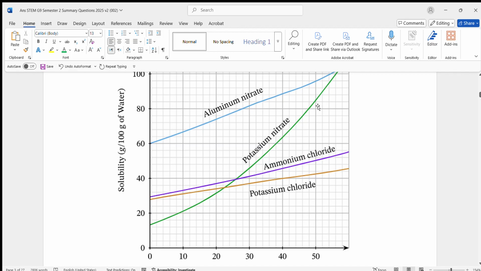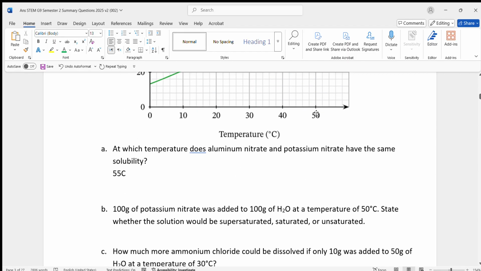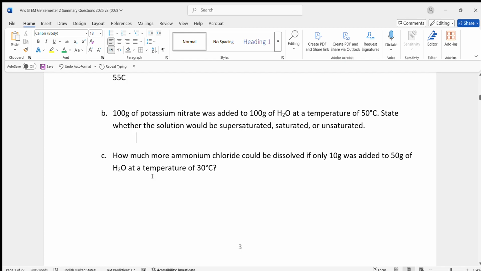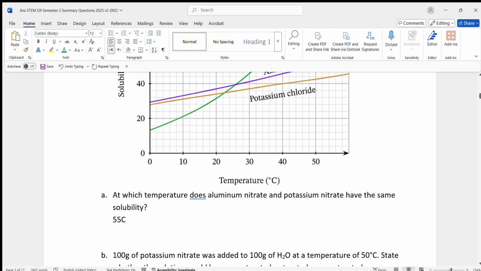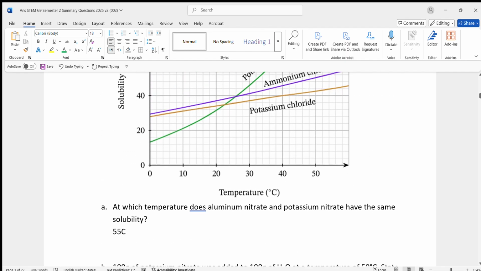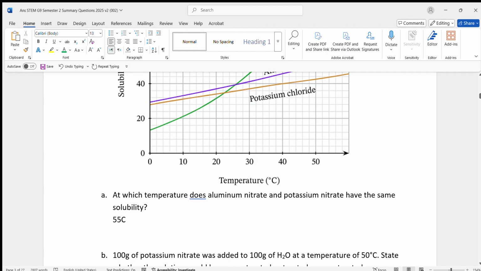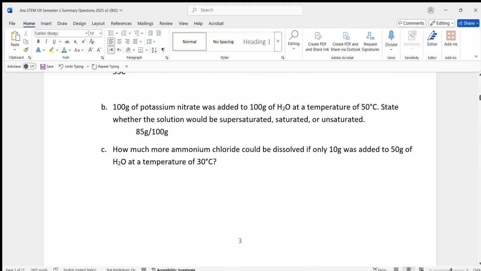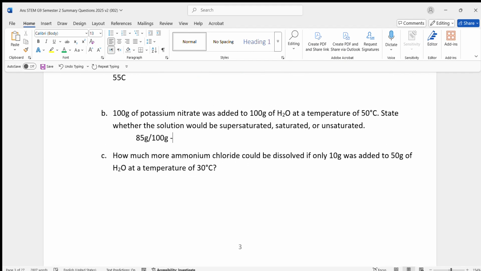So it's roughly 84, or I can say precisely 85. So I got 85 gram per 100 gram. Since 100 gram of potassium nitrate was added to 100 gram of water, this is more than 84. That means you have added more than 84, which means this solution is supersaturated.